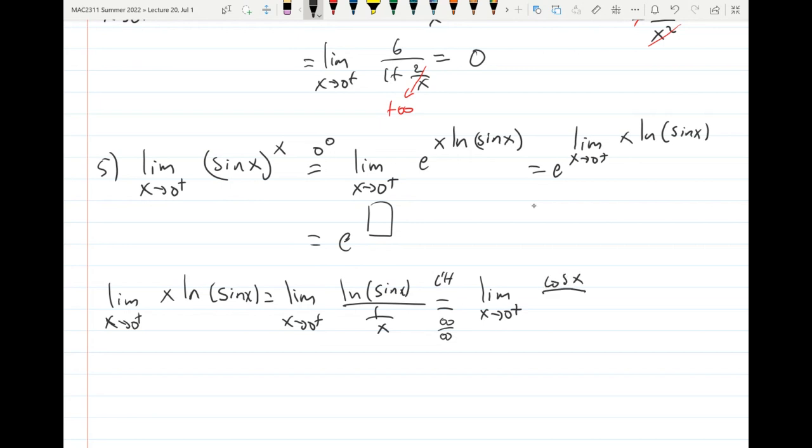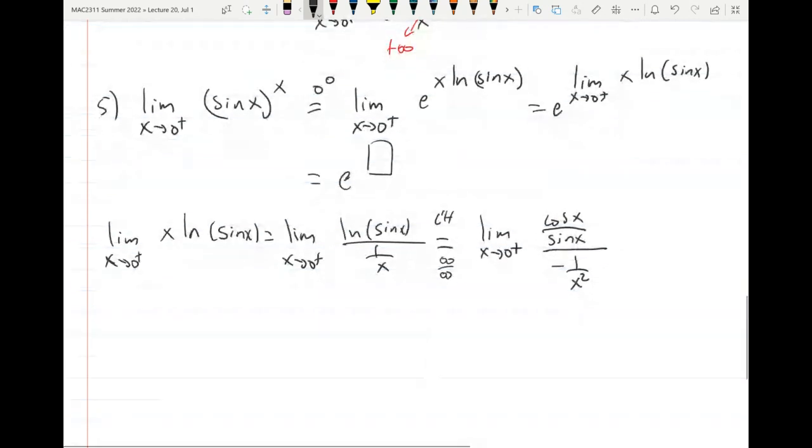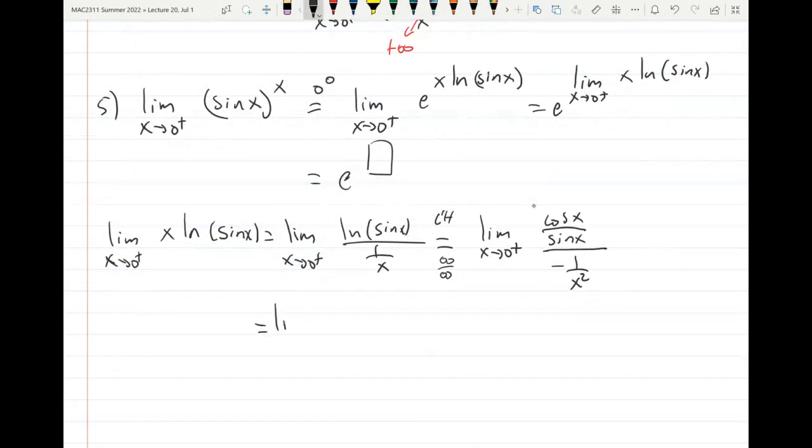So it's going to be cosine over sine, and then this is negative 1 over x squared. Okay, so let's see, what do we obtain here? The limit as x approaches 0 from the right of negative x squared times cosine over sine.